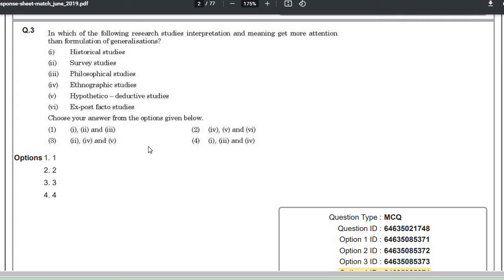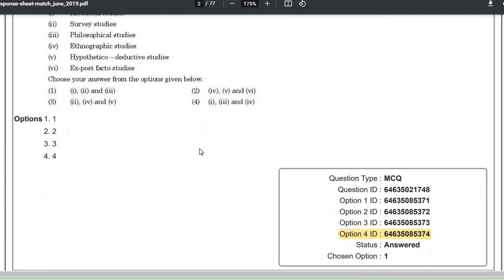Historical studies give more attention to interpretation and meaning. The next one, philosophical studies, also gives more attention. And ethnographic studies. So these three are the studies that give more attention to interpretation and meaning than to formulation of generalizations.